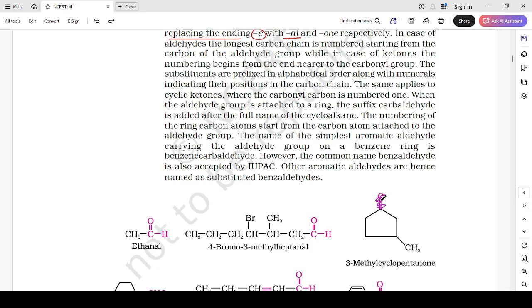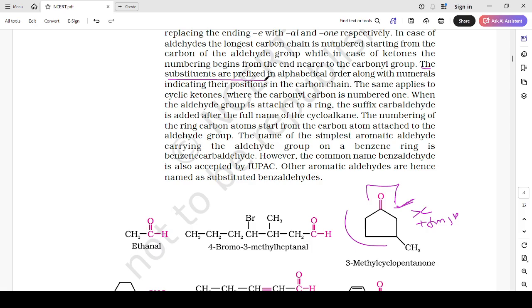I went for the first comparison. Now here I'm having this along with the cyclic ring. So if your cyclic ring is having a prior functional group, give it importance even if it is having fewer carbons. But in this case, this is having more carbons as well as the functional group. So I give the priority to this. I hope that was your question. Yes, ma'am. Okay.